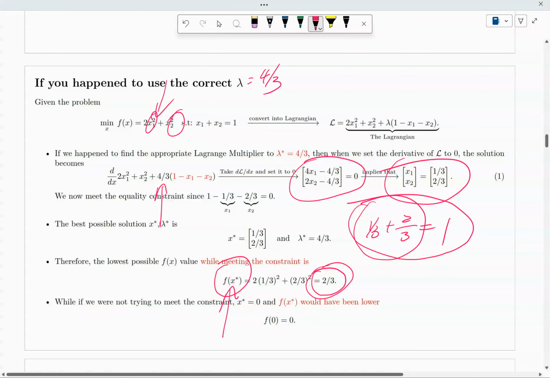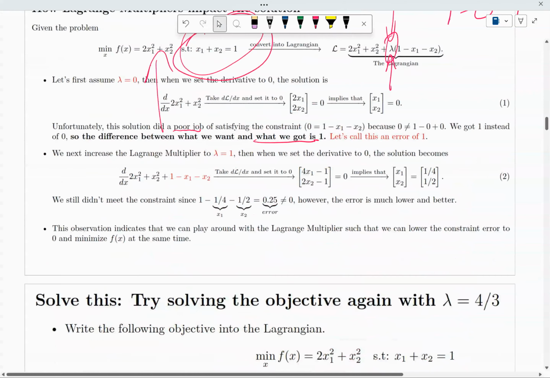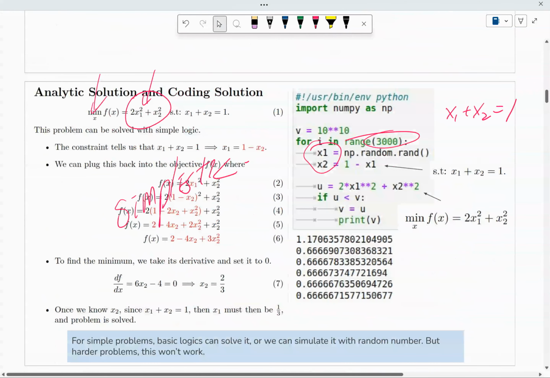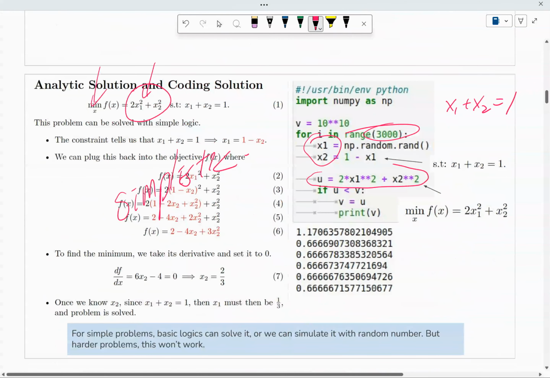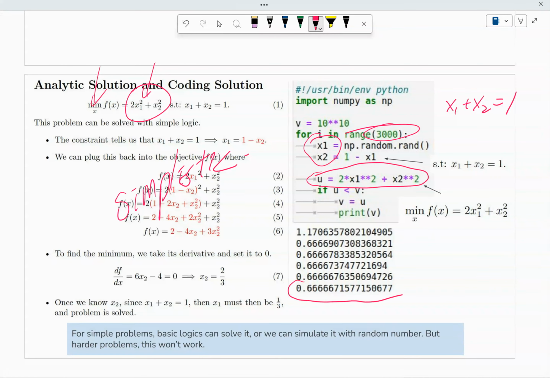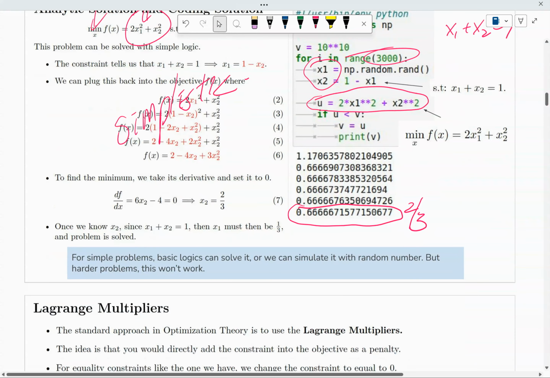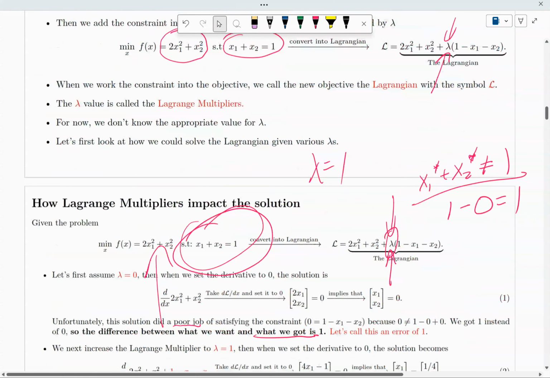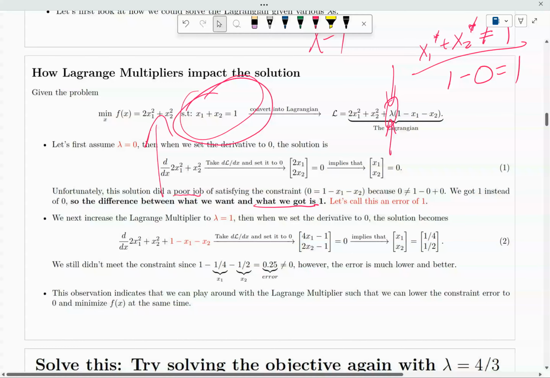This is equivalent to what we saw before, when we were just randomly printing out the value. It said that the lowest possible value was roughly 2/3. So this confirms our intuition that this function can only go as low as 2/3 if you're trying to satisfy this condition.